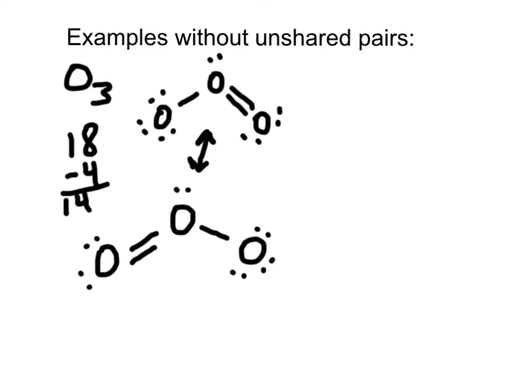Around the central atom, what we can see is that there are 2 bonding areas. I realize that on one of the bonds it happens to be a double bond, but we count bonding areas as just one bonding area, whether it be a single bond, double bond, or a triple bond. So for the oxygen we'll have 2 bonding areas, and it wouldn't matter which one of the Lewis structures you were looking at to analyze that.